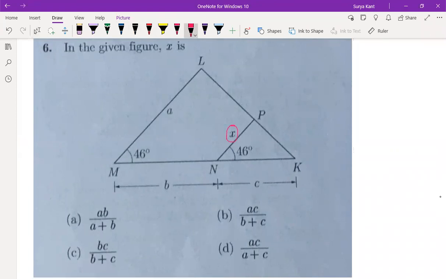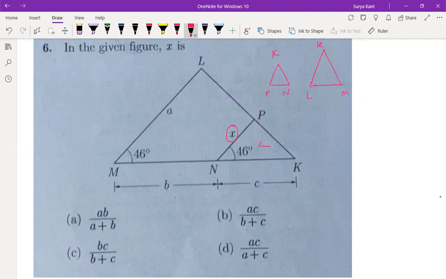They're asking this x here. Sir, we can do it by similar triangles. This small triangle KPN is similar to the complete triangle KLM, right?